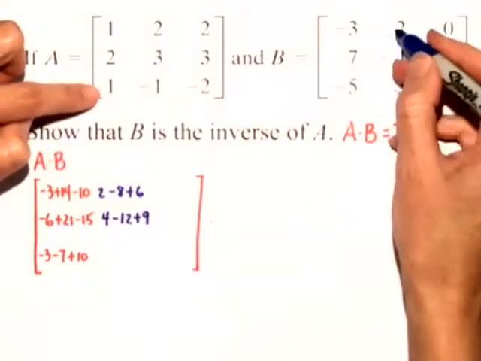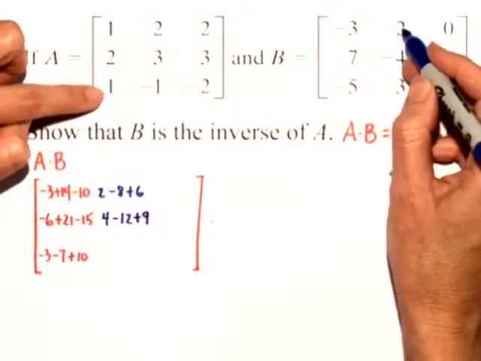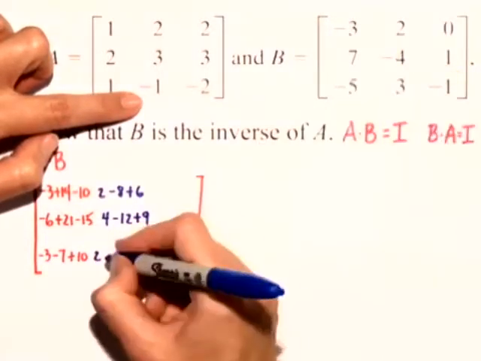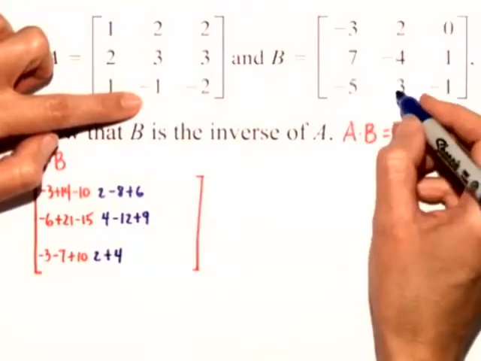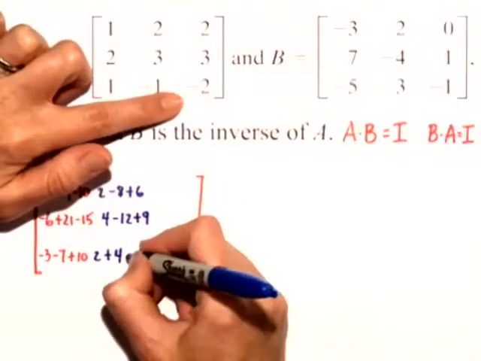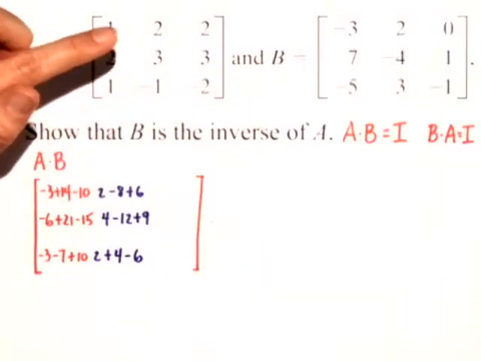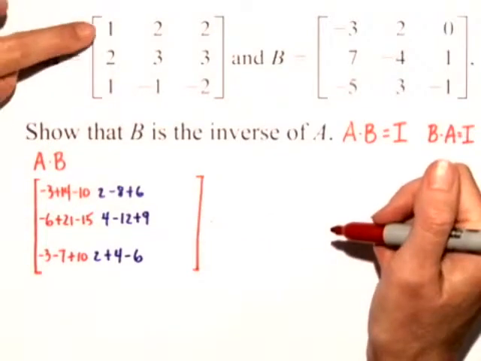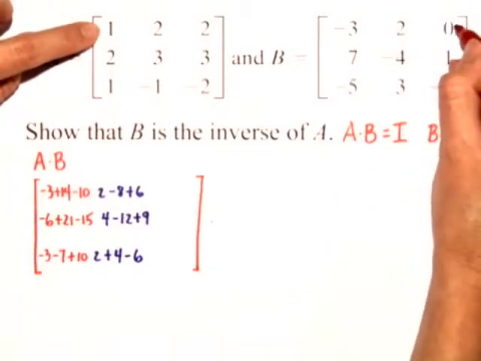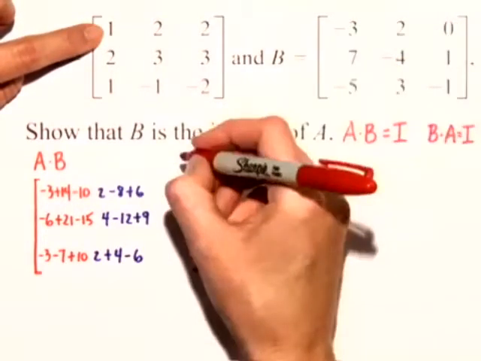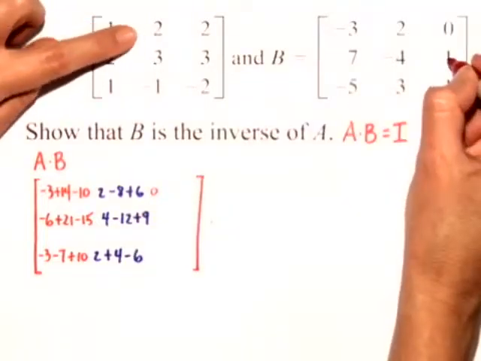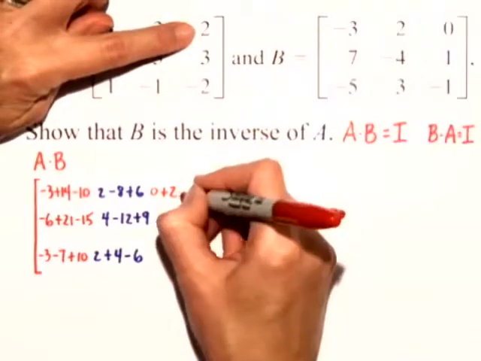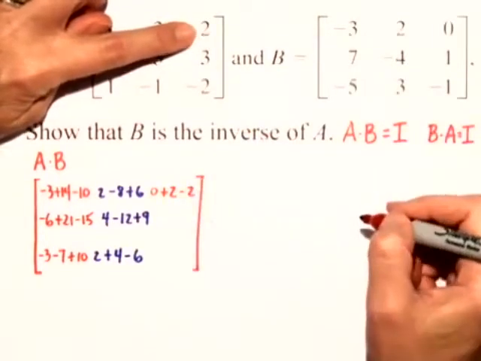Finally, row 3, column 2. I have 1 times 2, which is 2, plus negative 1 times negative 4 is 4, plus negative 2 times 3 is negative 6. And then I'll move back to red for my last column. So I'm going to start at row 1, column 3. I have 1 times 0 is 0, plus 1 times 2 is 2, plus 2 times negative 1 is minus 2.